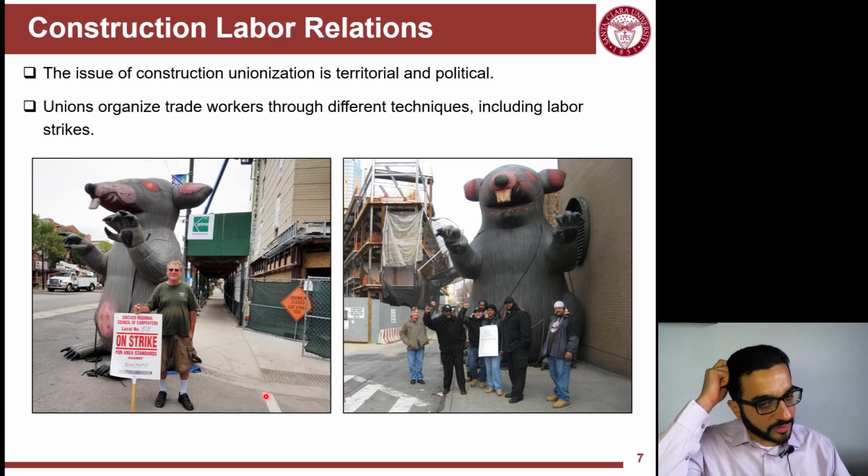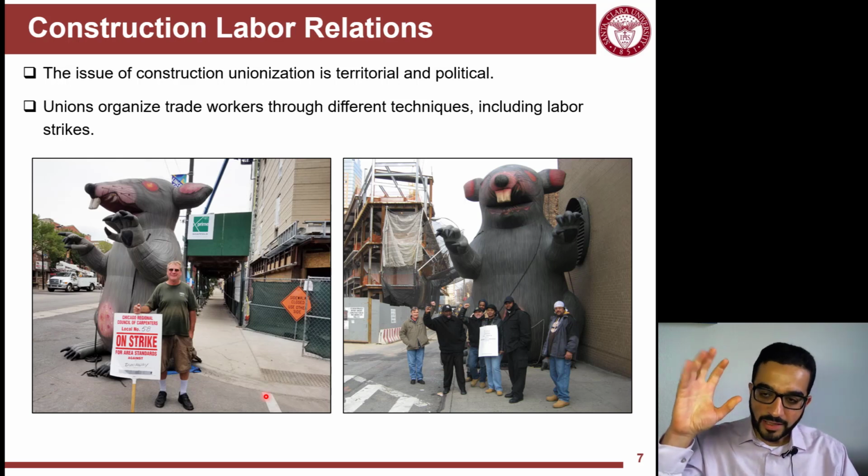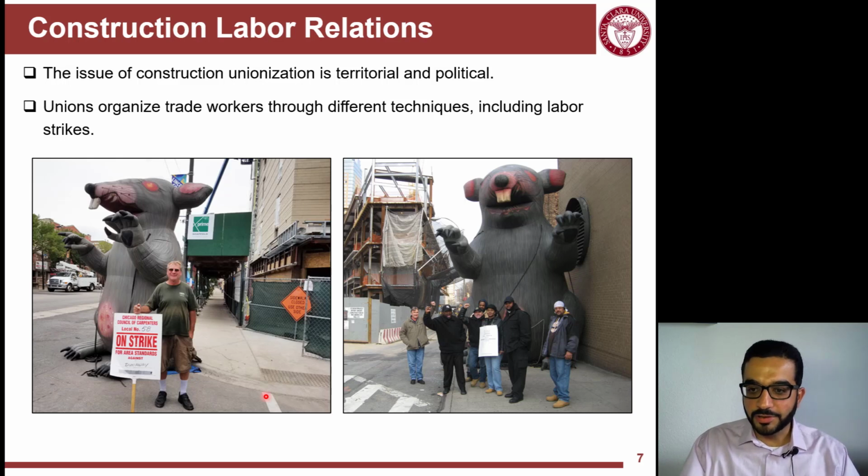One of the things unions are famous for here is using the inflatable rat beside construction sites where the buildings are being built by non-union workers and non-union contractors. They use strikes, convincing the workers on the job site to strike, in return to push the builder to sign with the union.